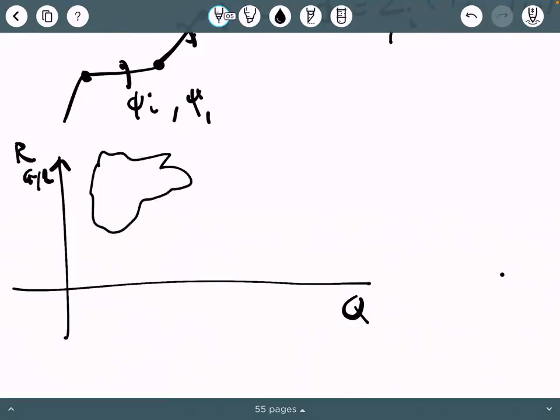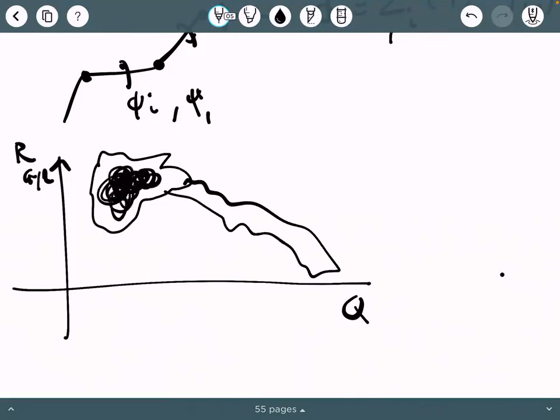Maybe we'll find something like this. A large population here. This is a heat map now, where darker means that the probability is larger. Maybe a large population here, and maybe an intermediate here. In this case, it will tell us that the reaction has an intermediate state here.